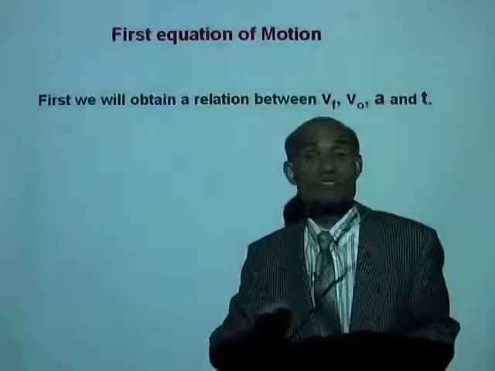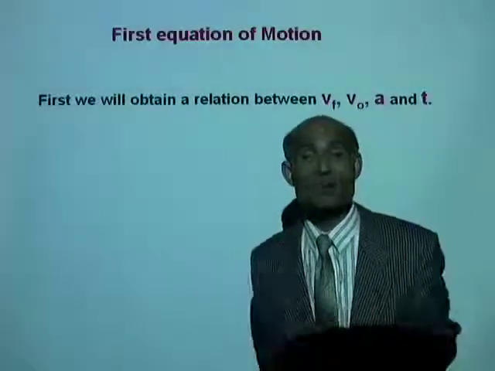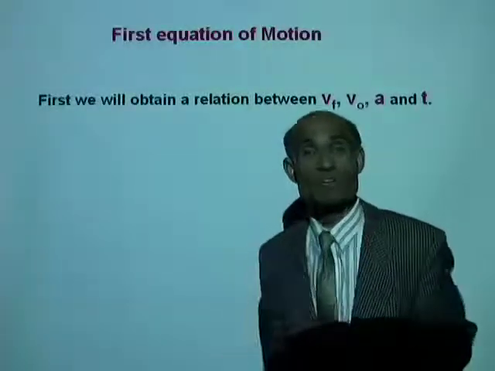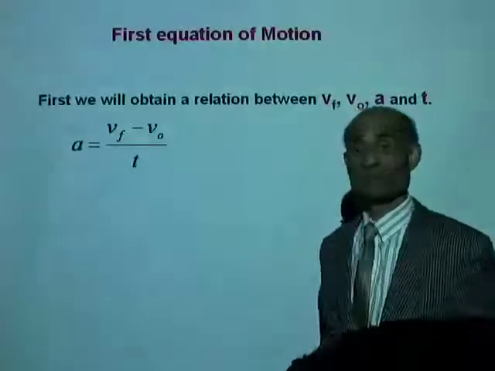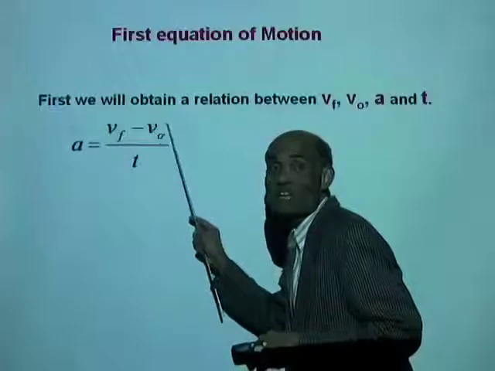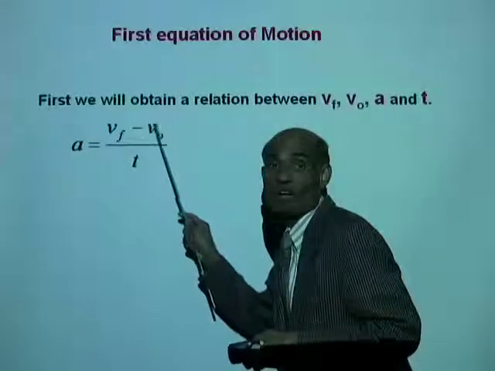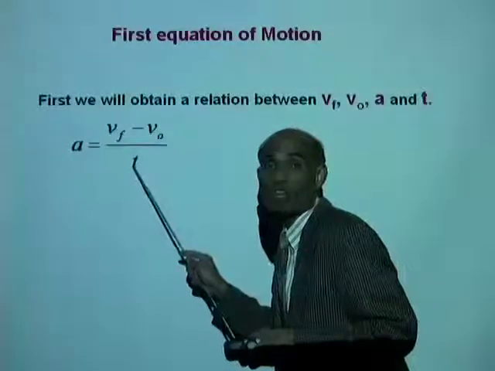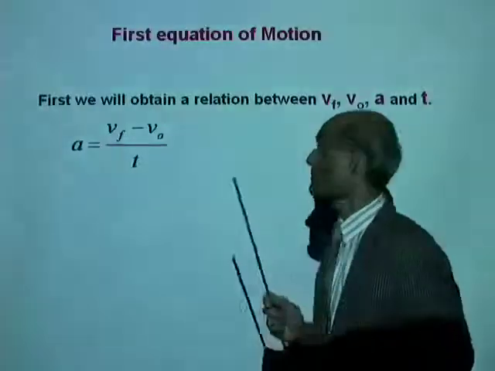All you need to do is write down that equation for acceleration. Can you write it down? Well, I got that down for you. a equal to change in velocity, final velocity minus the initial velocity, divided by time.